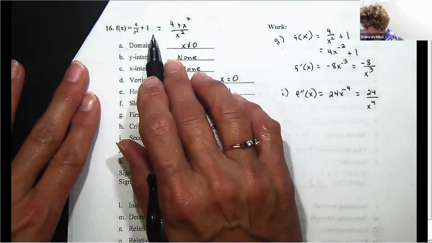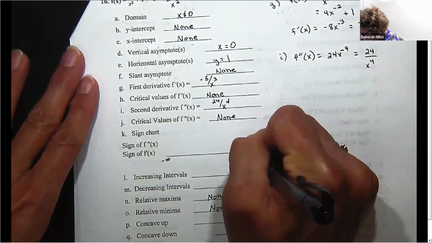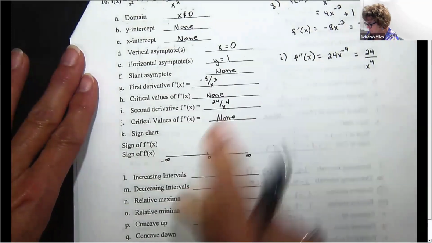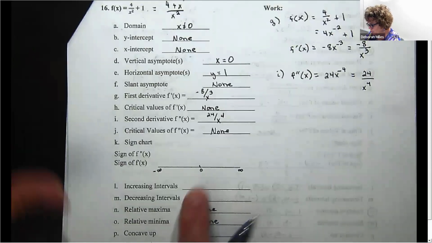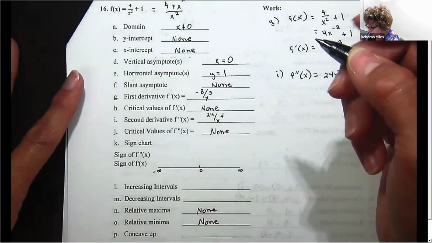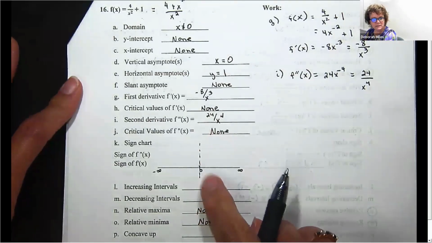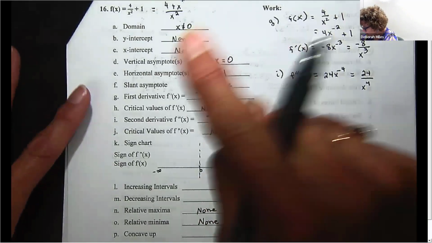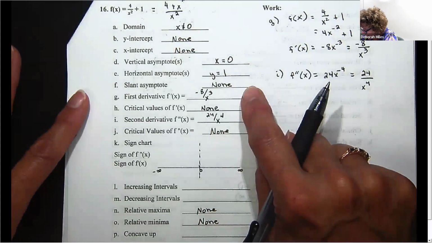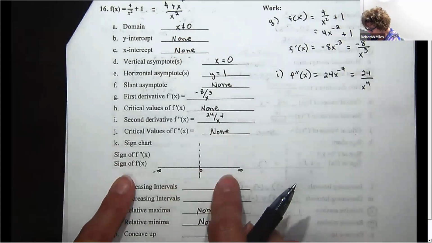This function's defined for all real numbers except 0. It goes from negative infinity to infinity, except for 0. It might be a good idea to put in a dashed vertical line at 0 to remind myself there's a vertical asymptote there on the graph. There were no critical values, so I just need to find the sign of each derivative to the left of 0 and to the right of 0.